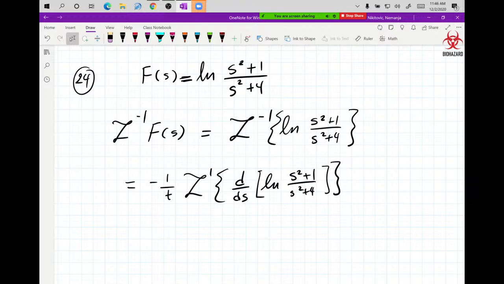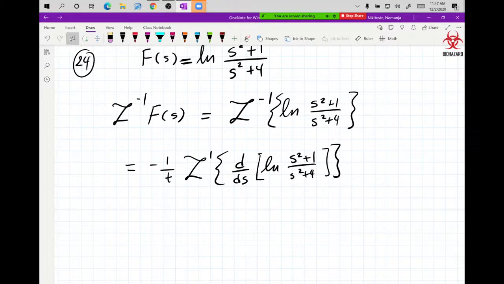Because maybe that's going to be easier. And actually, this is going to make it possible. Because what I have here is the derivative of ln, and that will kill ln. ln is gone, and then I can actually do my inverse Laplace, because there will be no ln.